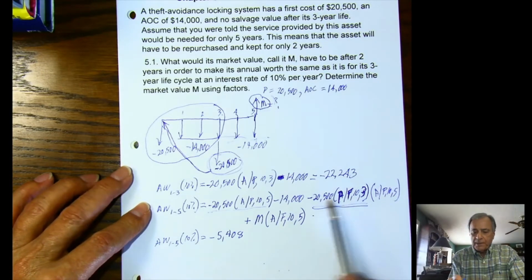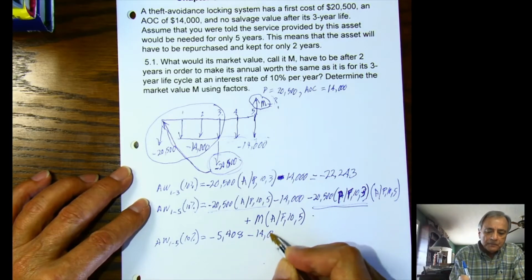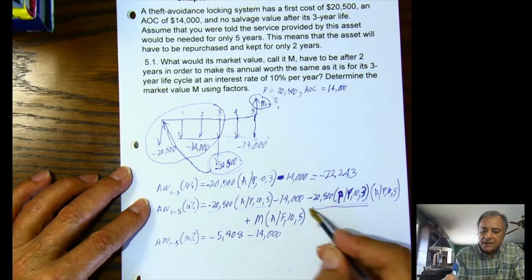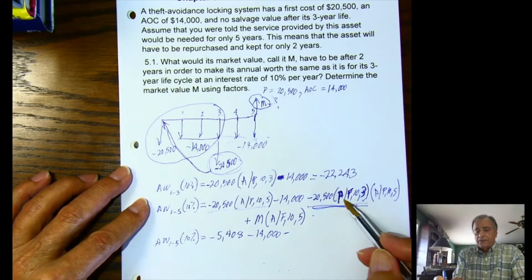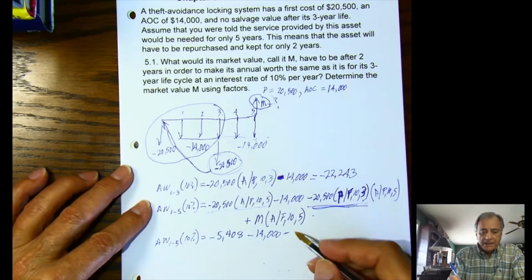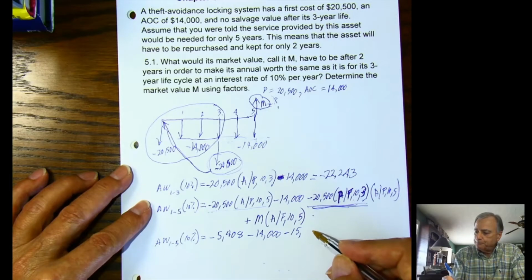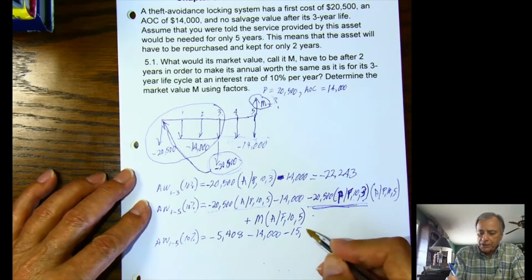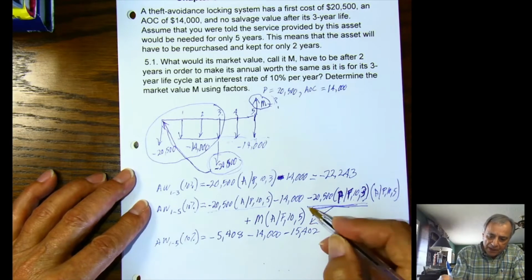Let me put the minus 14,000 here. And then I'm going to do this calculation first. So when you do this, P given F, 10% for 3 years, this will be minus 15,402. So that's what this product here is.